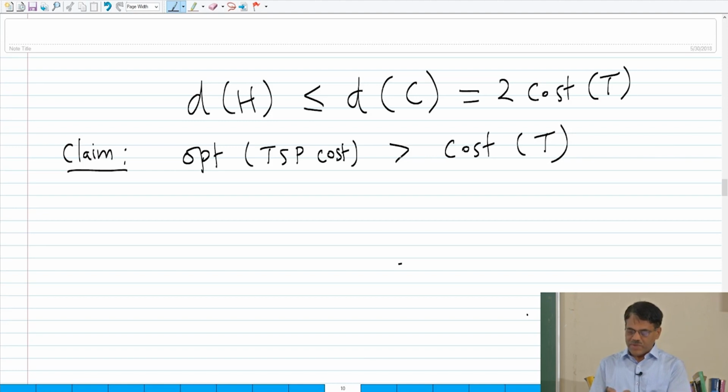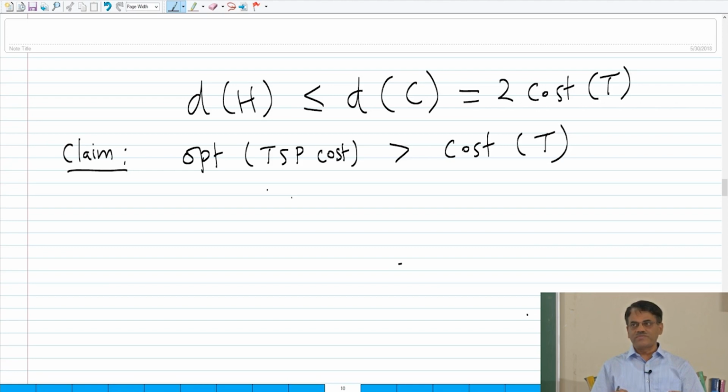I will give you a spanning tree whose cost is less than the optimum TSP cost. I know that the minimum spanning tree cost may be even less than that. So, what is that spanning tree?